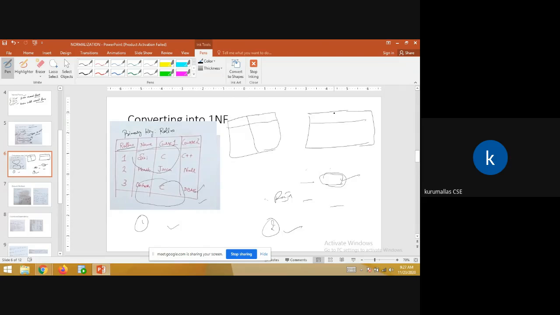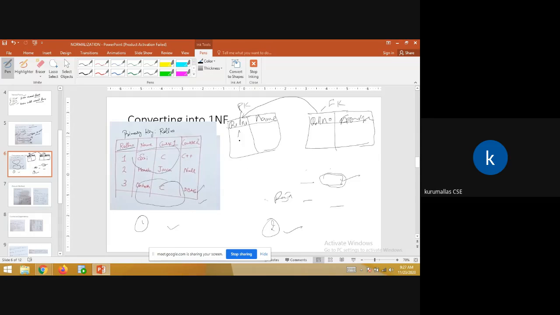The first table has roll number and name, and the second table has roll number and course. In the first table it is a primary key, and in the second it is a foreign key. So this is the relationship between these two tables.